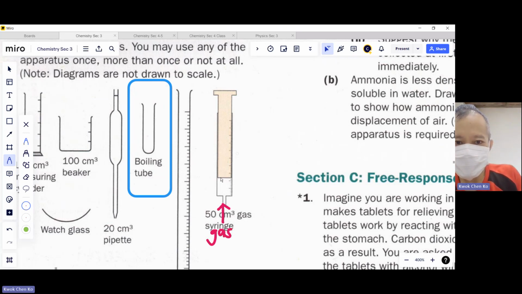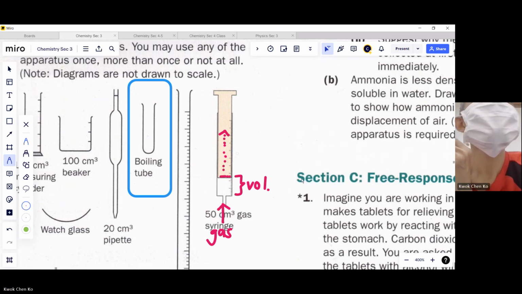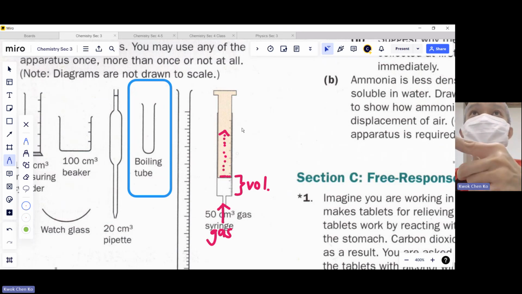Then of course this plunger will slowly move upwards. And of course you record the volume here. But good news, I've never seen it being tested in the practical section. However, you need to be able to draw this. They can ask you to draw it for the theory part.